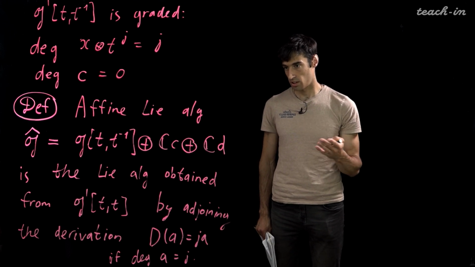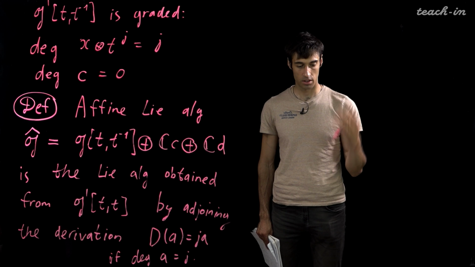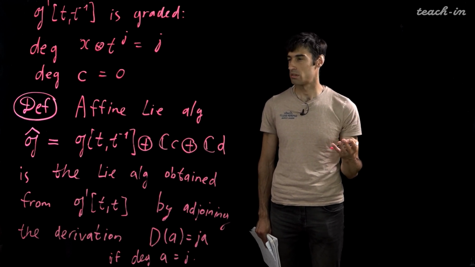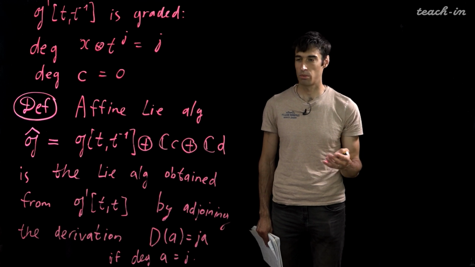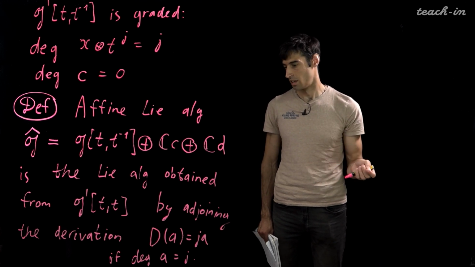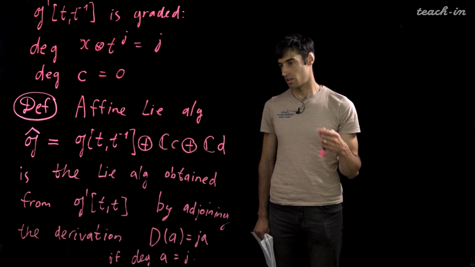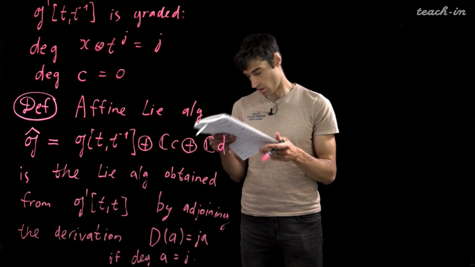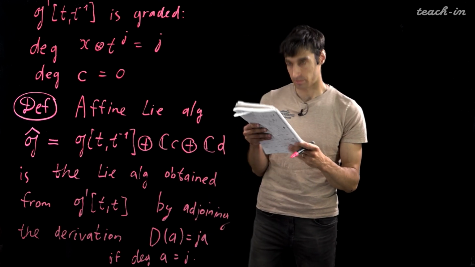And to see that, I just picked one example, the simplest example that you can get, but it's informative because if you understand this example, then more or less you can understand how it generalizes to all affine Lie algebras. So my example is the following.